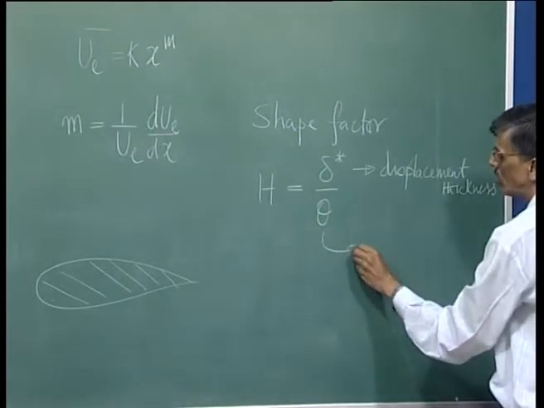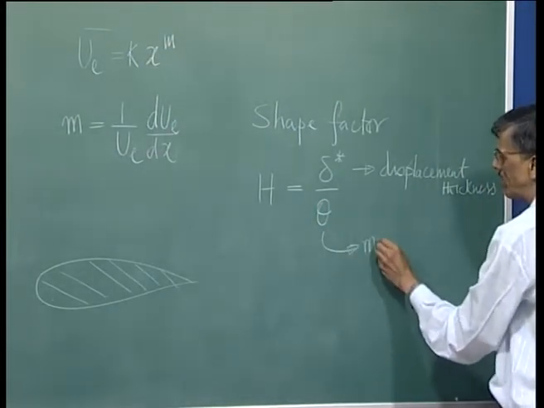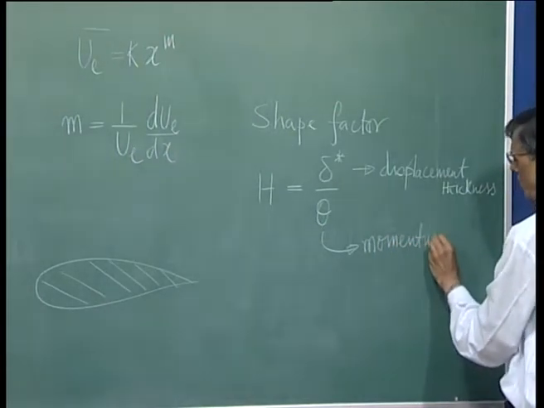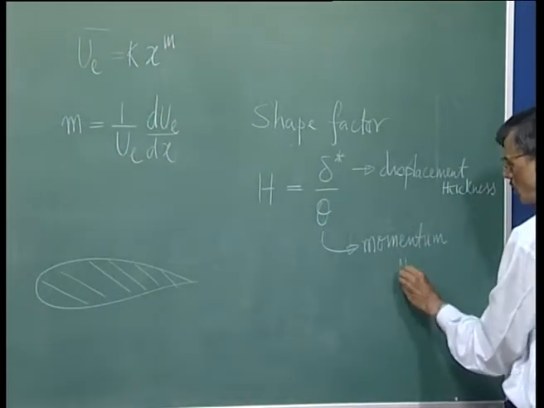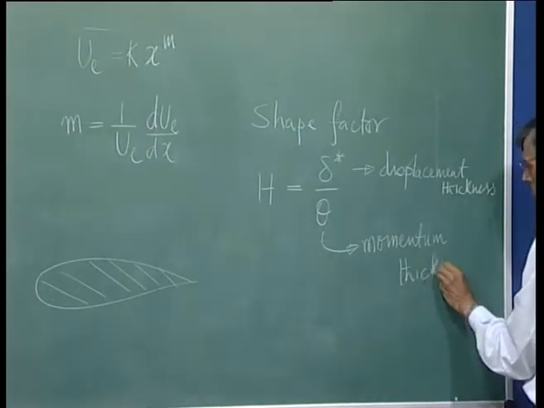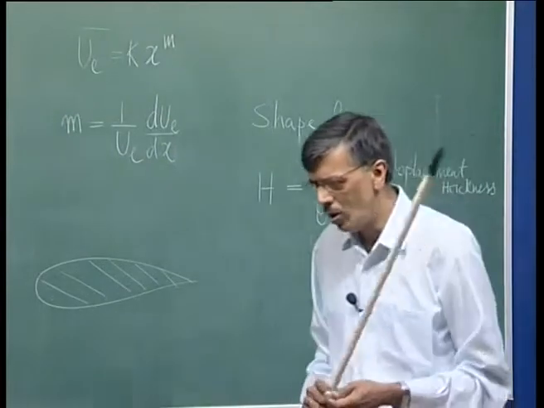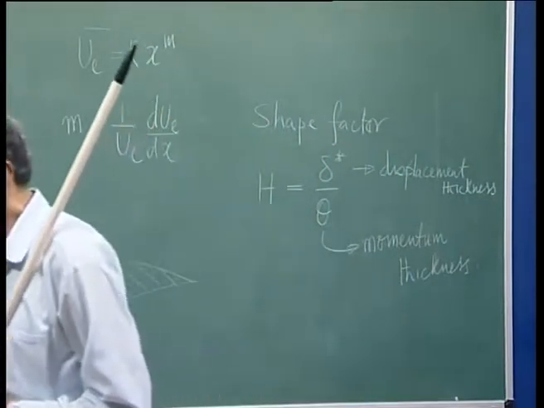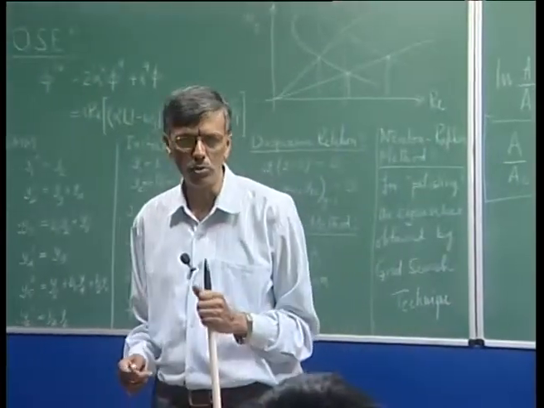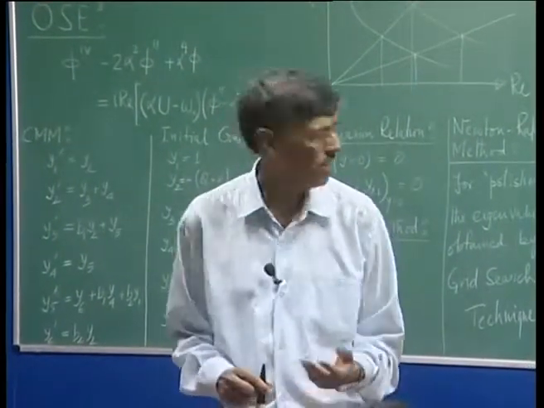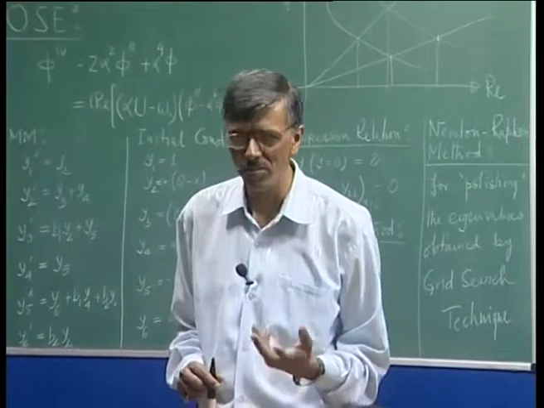This is what we call the momentum thickness. Well, the very nomenclature will suggest what these two quantities are. Both are some length scale, right? We are talking about thickness.